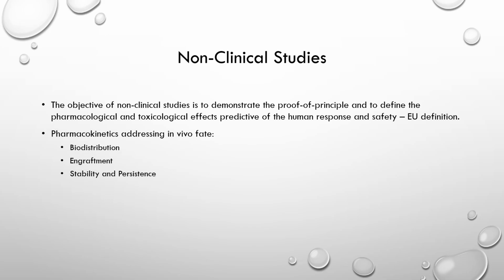So you're going to be looking at your pharmacokinetics. Because you're going to be looking at safety pharmacology, your pharmacokinetics will be addressing certain things like the in vivo fate.